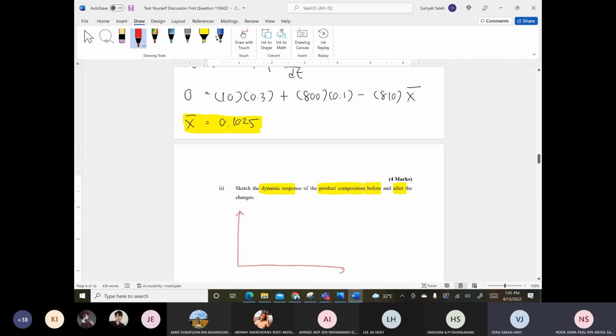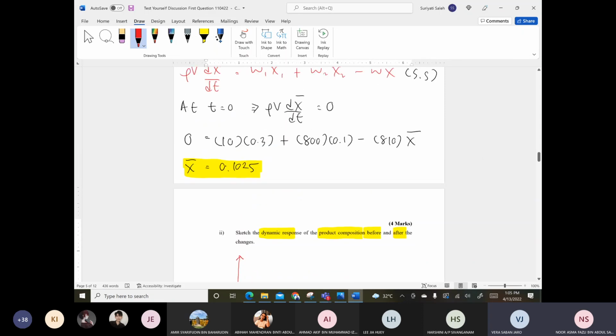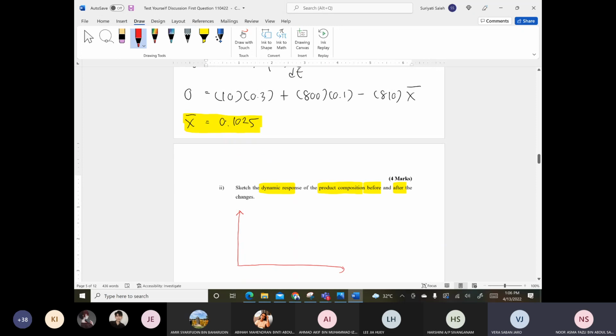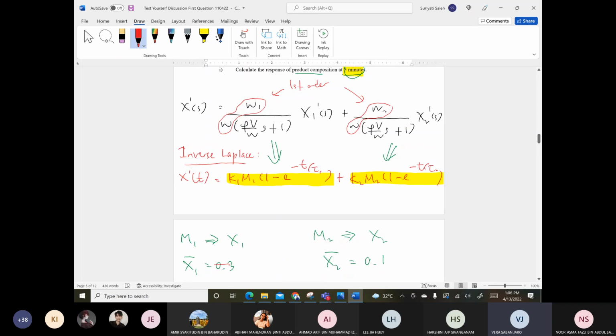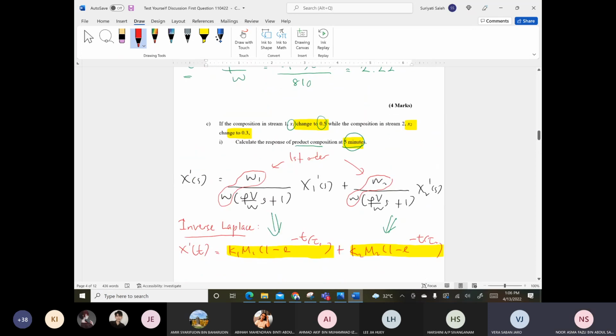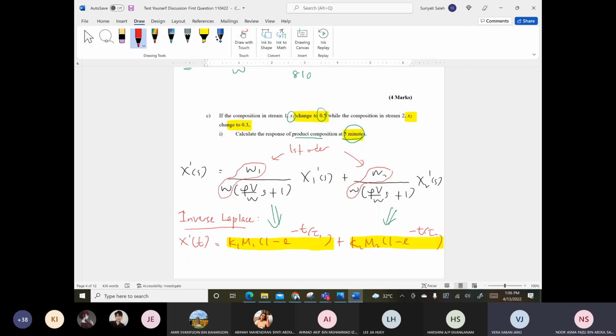So in this case, we have the x bar. Normally the x bar is the original condition of your product composition. So here we have the x bar 0.1025, before the changes. After the changes, when the x1 changes to 0.5, we calculate the product composition at 5 minutes.